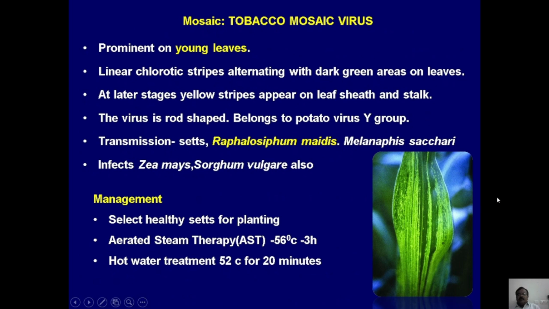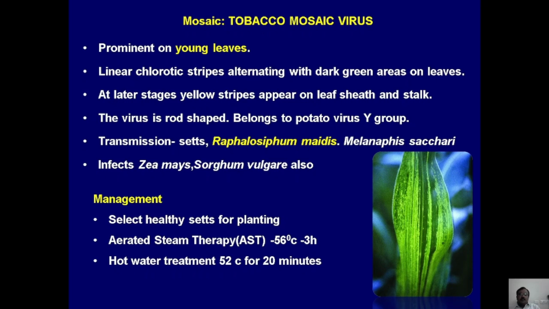Among the viral diseases, the mosaic disease is common, which is predominant and prominent on the young leaves, caused by a mosaic virus, which produces linear chlorotic stripes alternating with dark green areas on the leaves. Later, yellow stripes appear on the leaf sheath as well as on the stalk.